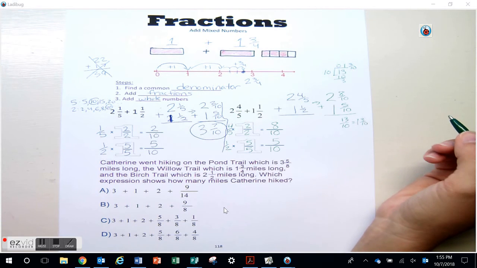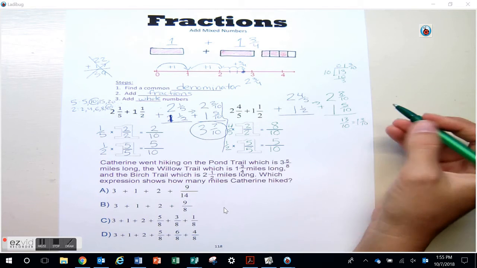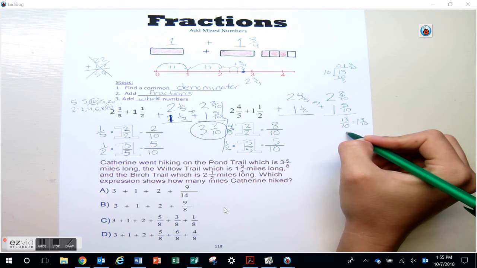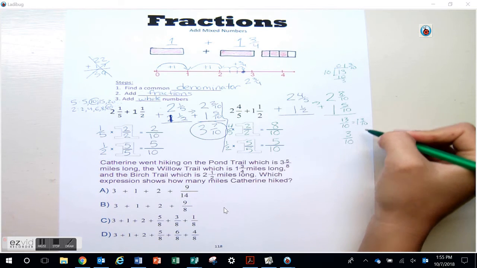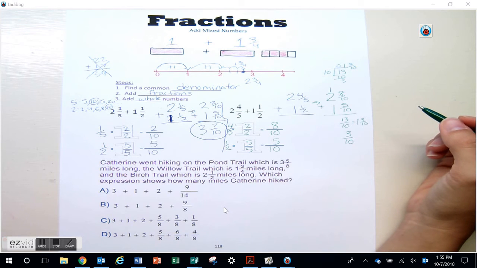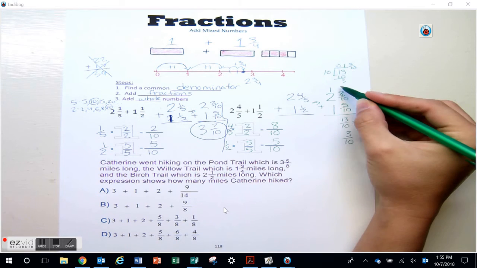I'm going to do it just like I would in a normal problem where I regroup. Here, I'm going to write down those 3/10, and I'm going to carry over that one whole. So here I'm writing that fraction piece, and I'm carrying over that one whole.